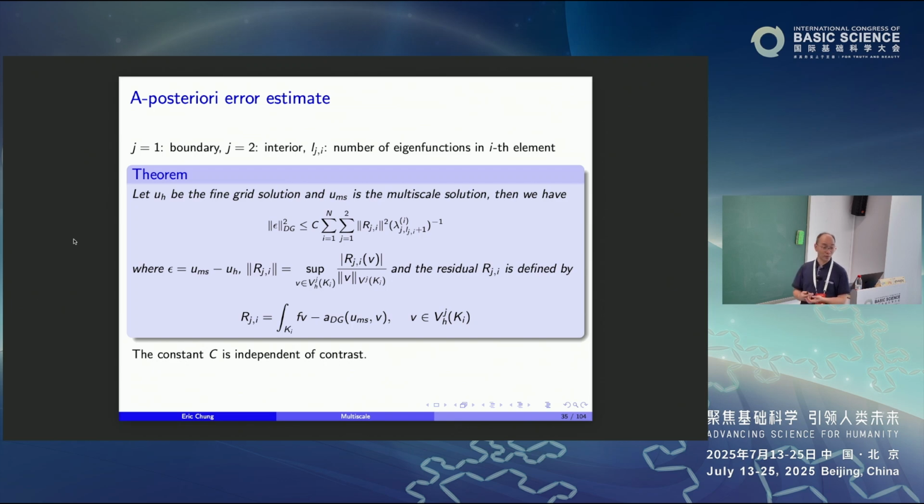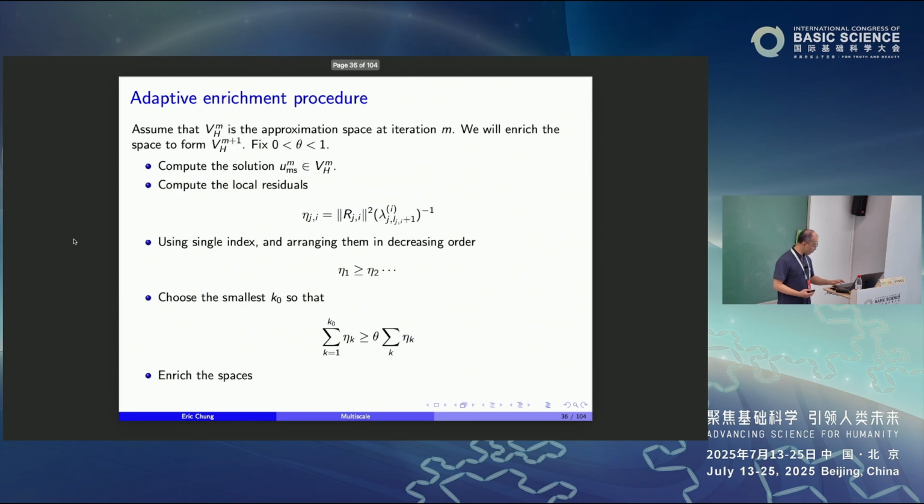And then what we can do is that we just compute all these local quantities and then try to identify some region where the solution is not good enough, and then we try to improve the solution in those localized areas. And this is what we are going to do.